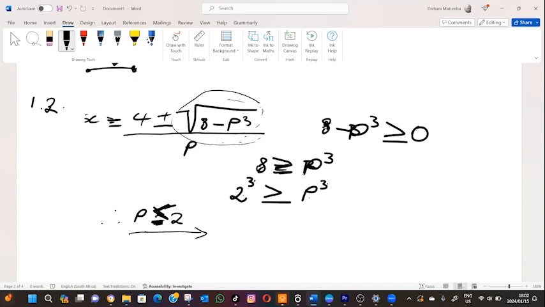Let's say, for instance, if we take a value which is less than 2, let's say 1. If you put 1 there, you're going to have 8 minus 1. 8 minus 1 is 7. Now, the square root of 7 is real, which means our solution is valid.